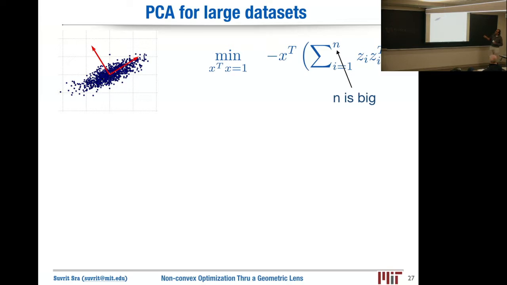It's a non-convex problem, but we know we can solve for eigenvectors, so there's maybe some hidden convexity structure. Can we do that using a method which does not need to use all n observations at each iteration? That's like a stochastic gradient type method.